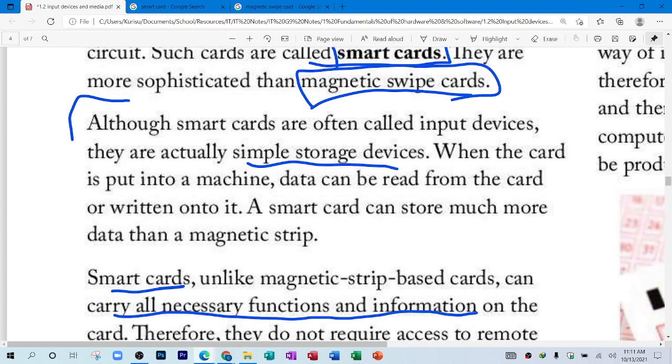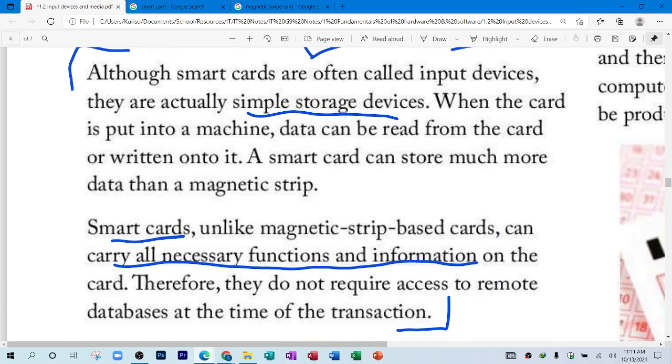Now, what is the difference between the magnetic swipe card and the smart card? The difference is the information that they have. The smart card can actually hold more data than the magnetic swipe card.